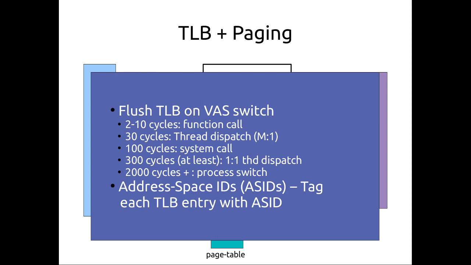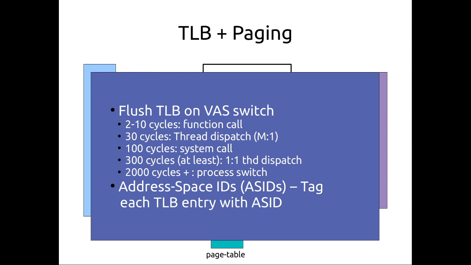So that's even more expensive. And then an order of magnitude more expensive than all of that is switching between processes, which is really just switching between threads. So it was unclear up until this point why it was more expensive to switch between processes. And now we see that if we need to flush the TLB, which is clear the TLB's contents, then that is the additional cost that we have to pay.